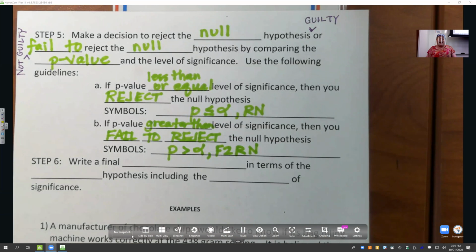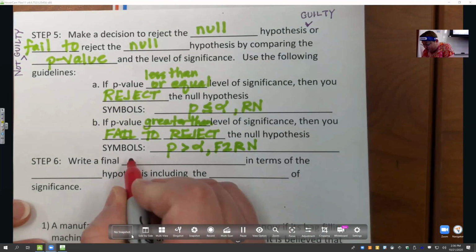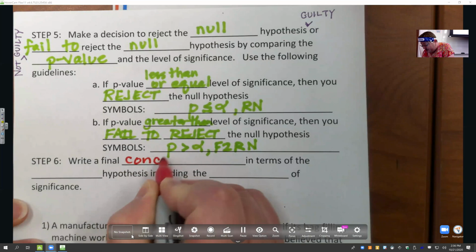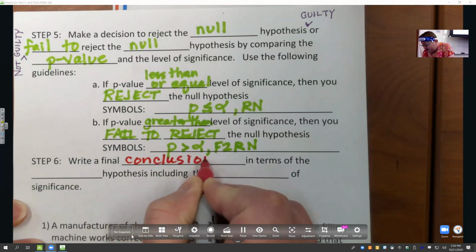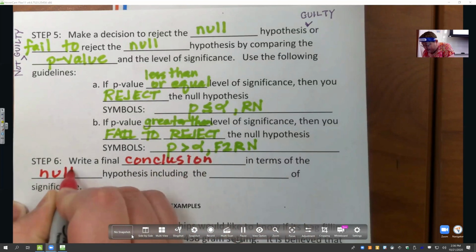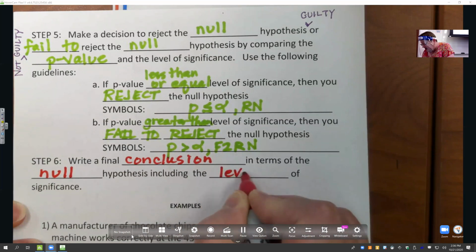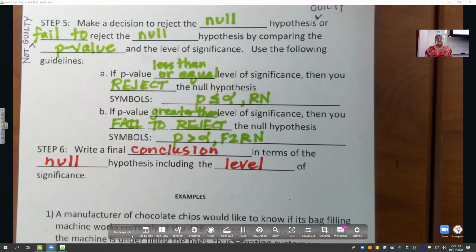The last step is once you're all done, even after the jury deliberates and has made their decision, they have to come back and tell the judge in the court what they decided. So the last step is you write a final conclusion in terms of the null hypothesis, including the level of significance.